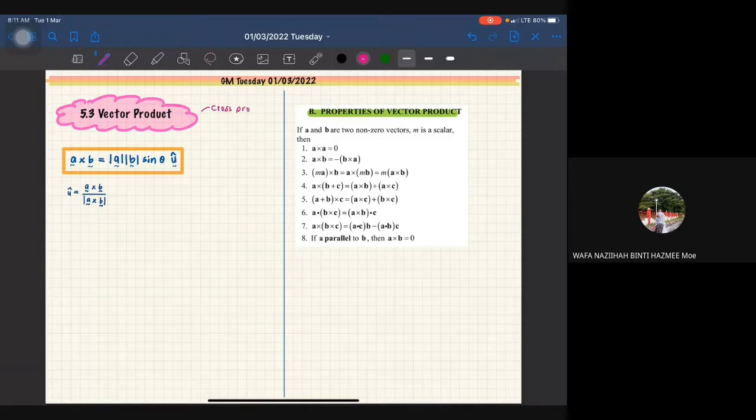Thank you, Miss Shakila. Okay, so the formula for this vector product, or we can also call it cross product, is we will have two vectors.